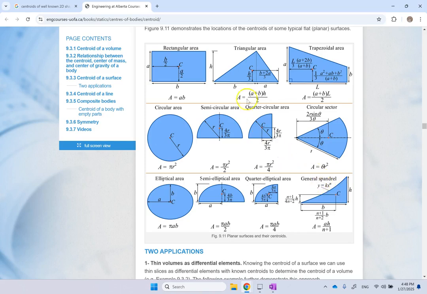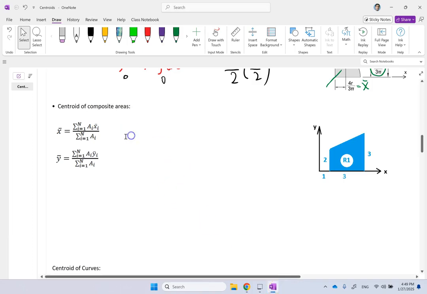Now if your shape is made of a combination of these well-known shapes, to find the centroid of it, I don't need to do any integration anymore. I can simply break it down into a combination of those well-known shapes, and I can use this simple summation formula as opposed to integration. Here, each A_i is the area of one of those well-known shapes, and x bar i or y bar i is the centroid for that well-known shape.